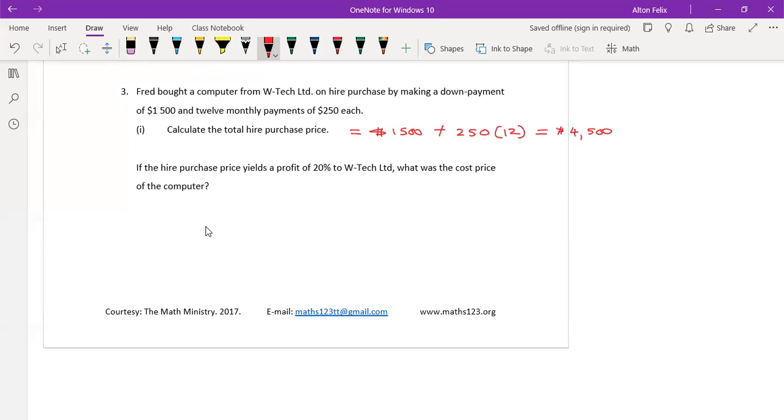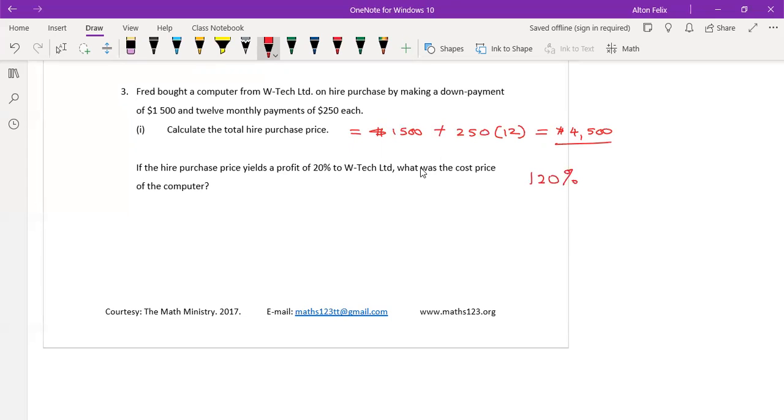Right, what does this say? If the hire purchase price yields a 20% profit, what was the cost price of the computer? So if it is bought at this price, the hire purchase price causes the company to get a profit of 20%. We could use this approach.